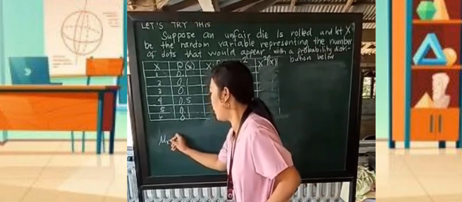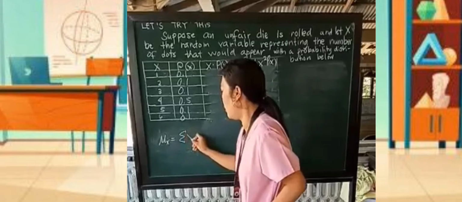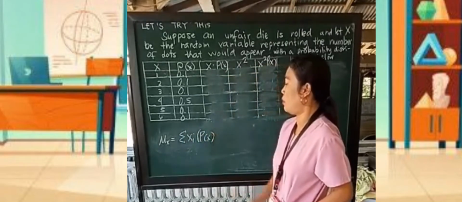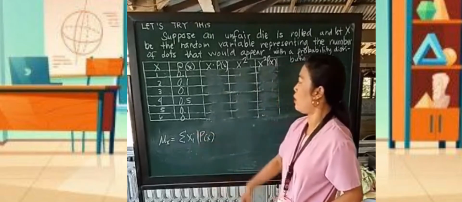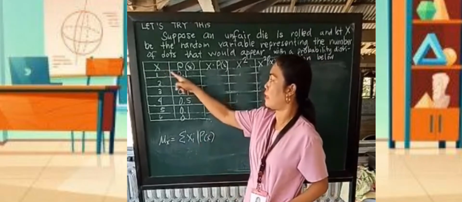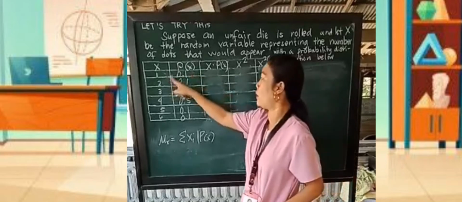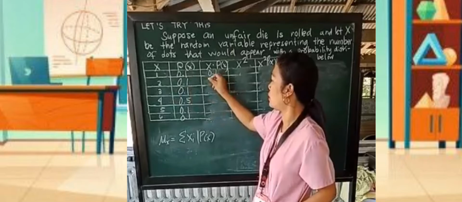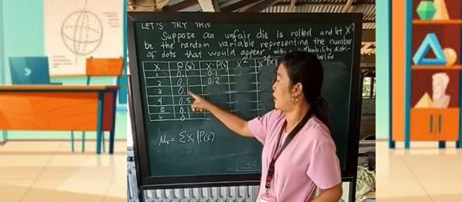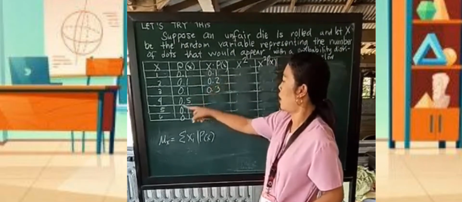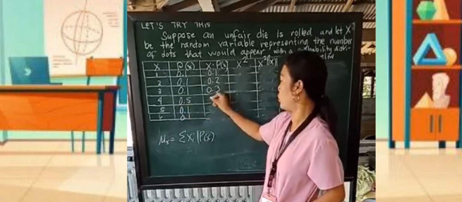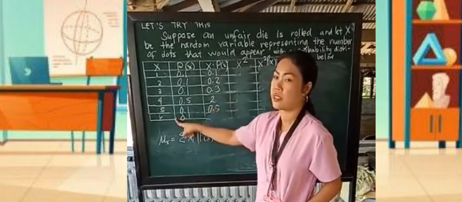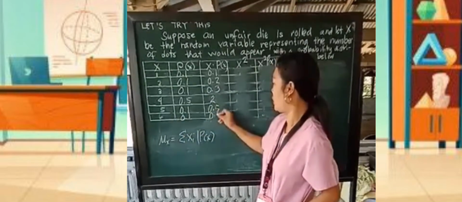Recall, we have the formula of the summation of x sub i times the p of x. Okay, we're going to multiply this x and p of x. So we get 1 times 0.1, 0.1. 2 times 0.1, 0.2. 3 times 0.1 is 0.3. 4 times 0.5 is 2. 5 times 0.1 is 0.5. 6 times 0.1 is 0.6.